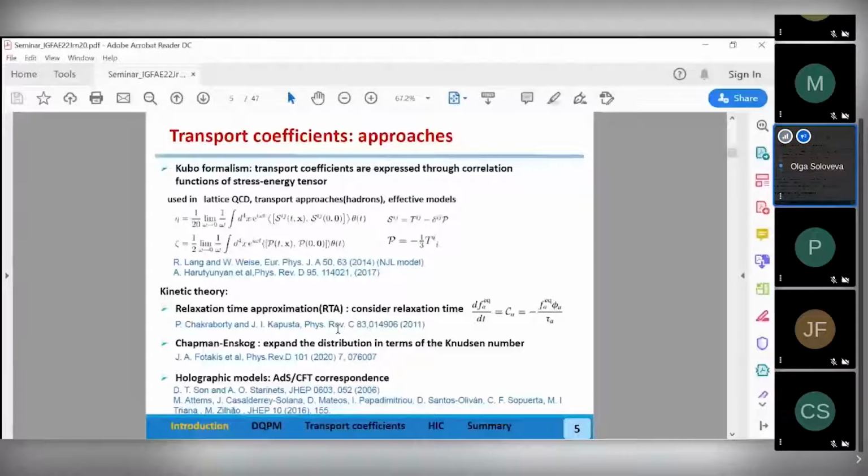So here are some links for Son and Starinets calculations, for example, for heat conductivity, and also calculations of Maximilian for bulk viscosity.